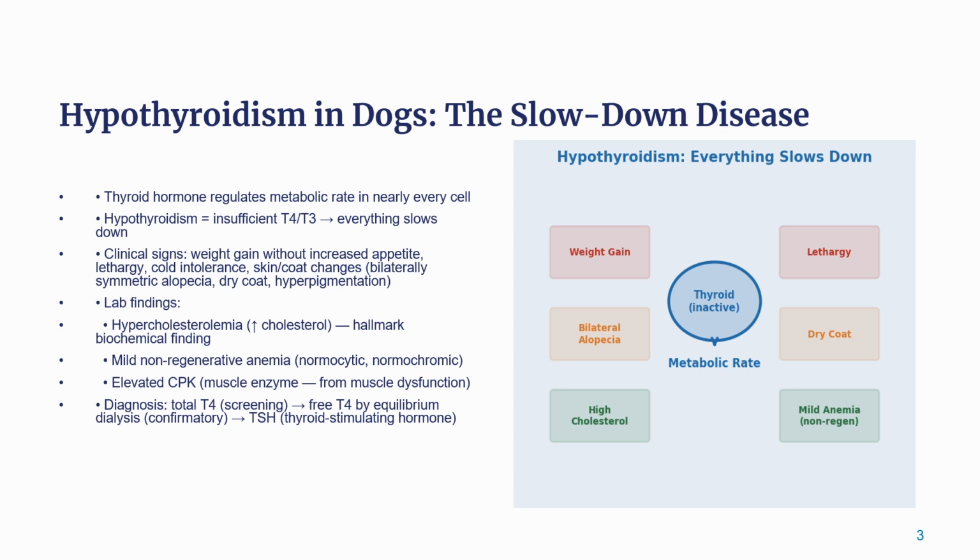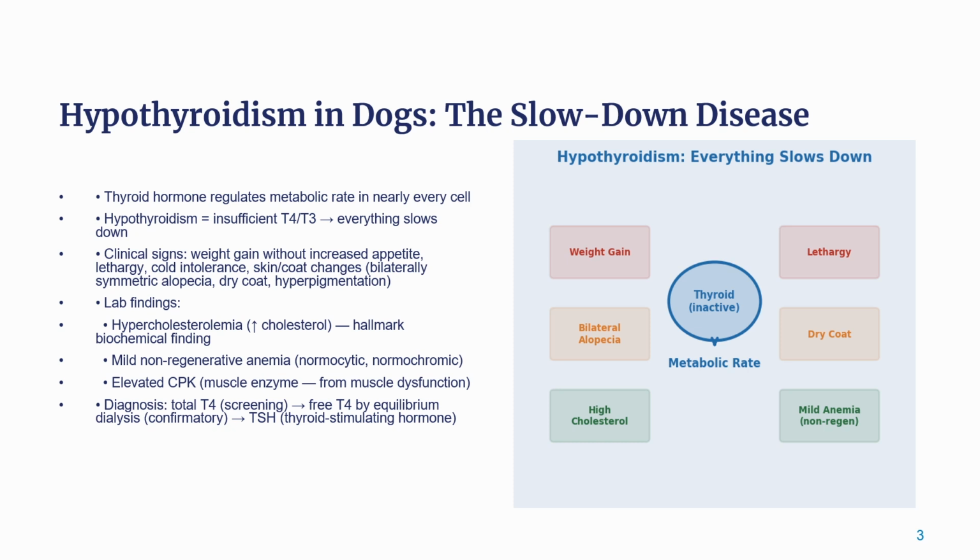The classic dog is a middle-aged, large breed dog that is gaining weight despite a normal or reduced appetite, is lethargic, can't tolerate cold, and has a dull, dry coat with bilaterally symmetric hair loss. The most consistent biochemical finding is hypercholesterolemia, because without adequate thyroid hormone, cholesterol metabolism slows down and cholesterol accumulates.